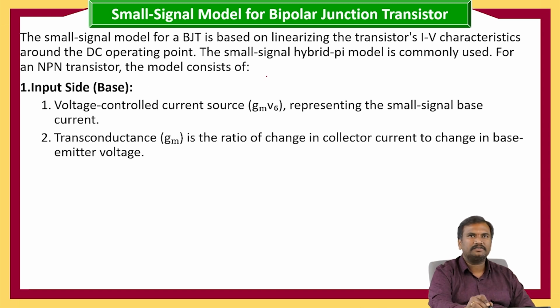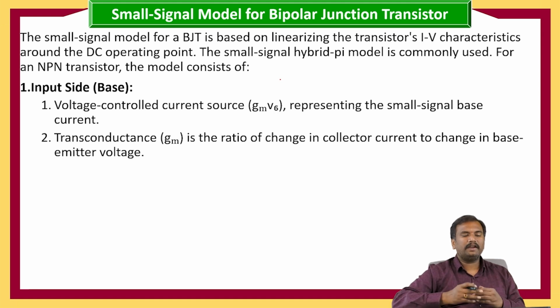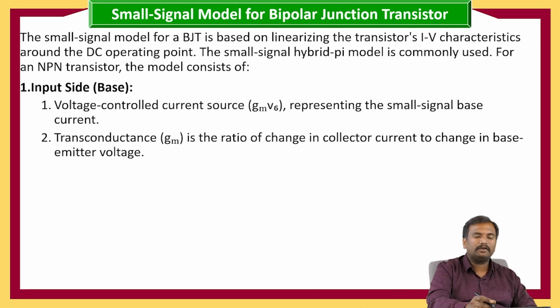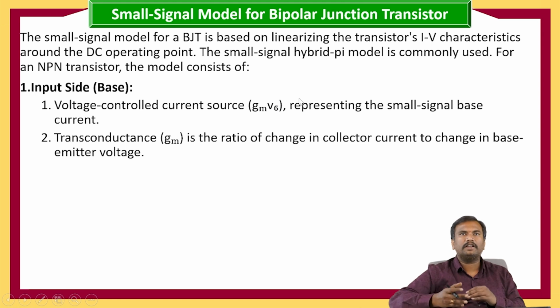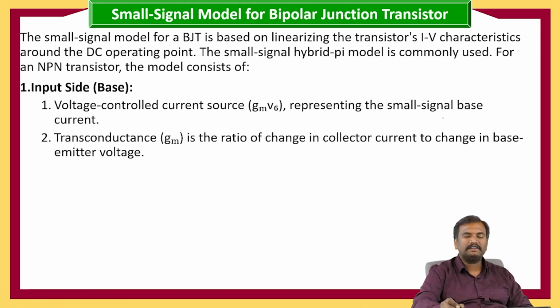For the NPN transistor, the model consists of an input side and an output side. On the input side we are going to have a voltage controlled current source, gm times vbe, where gm is the conductance and vbe is the controlling voltage. This voltage controlled current source represents the small signal base current.